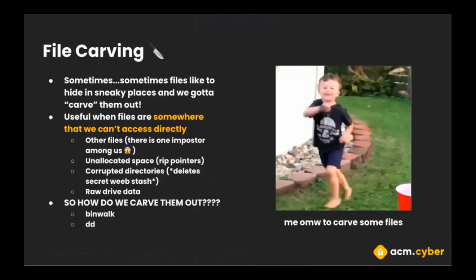If you had a pointer to a file, but then you made the pointer point somewhere else, your file is just floating in your computer. Or if you have corrupted directories, which is the case for, I think, criminals who want to delete weird incriminating evidence. And this is how government officials would go back in and find those files.